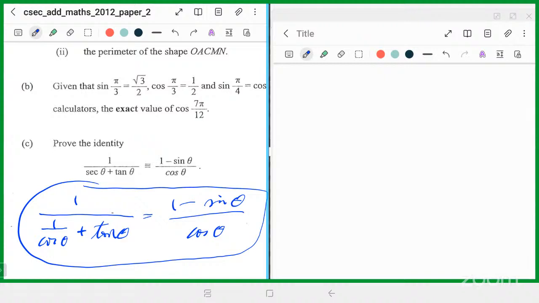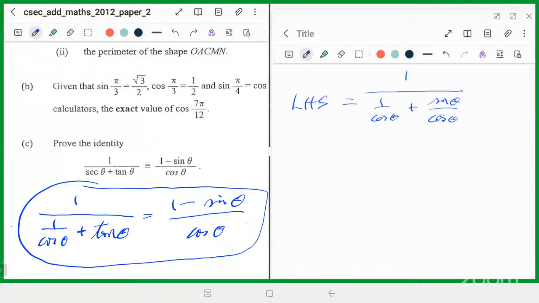First thing I want to do is write this in terms of sine and cosine. So the left side is equal to 1 over cos theta plus sin theta over cos theta. That's what I'm doing here.